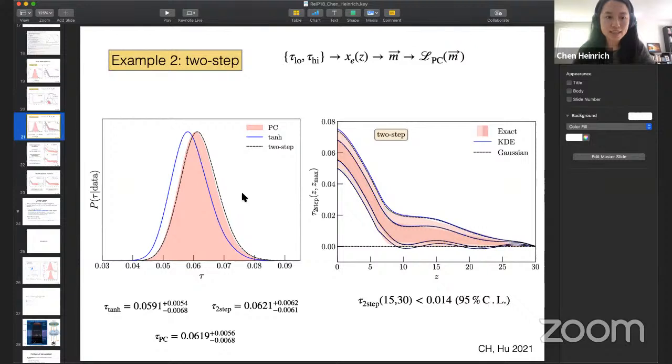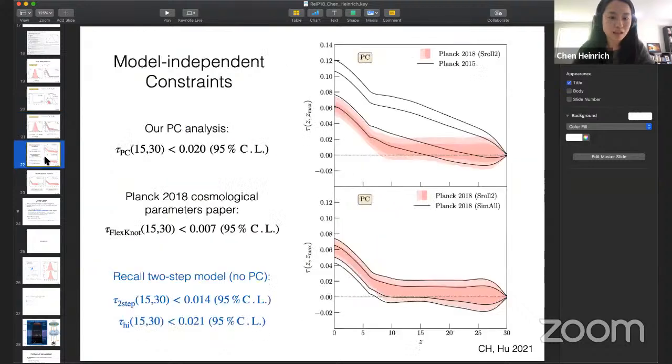What is very interesting also is that our model-independent PC results, and now we put priors on physical models, give pretty much the same posterior.